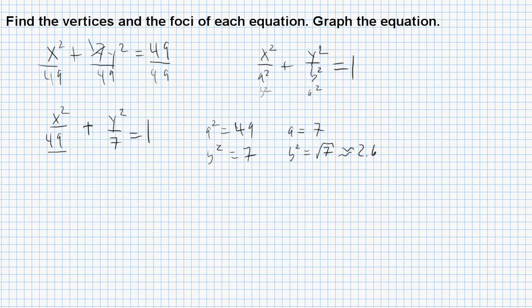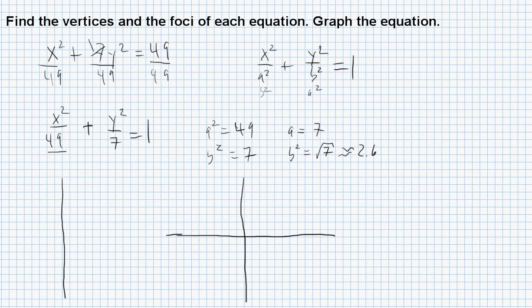Let's go ahead and begin to sketch this out. That's going to give us the vertices that we want. Let's draw the sketch over here. I wish I could draw a straight line. There it is, like that.